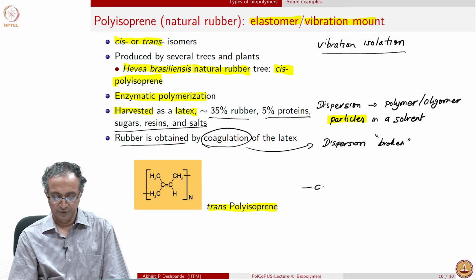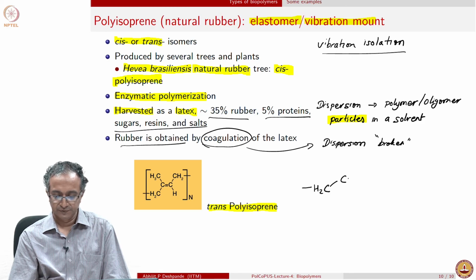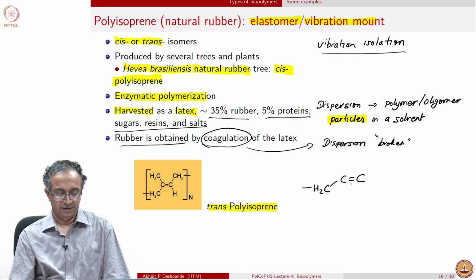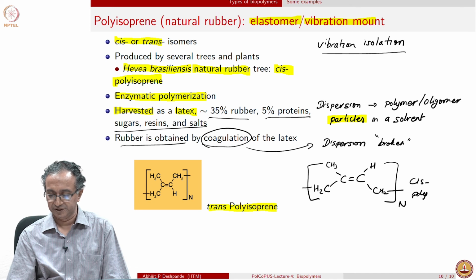So, just to draw this, if we have this H2C, C, and then of course, if you remember from your earlier chemistry, this CH3 group, and then this is H. So, this is an example of cis polyisoprene.